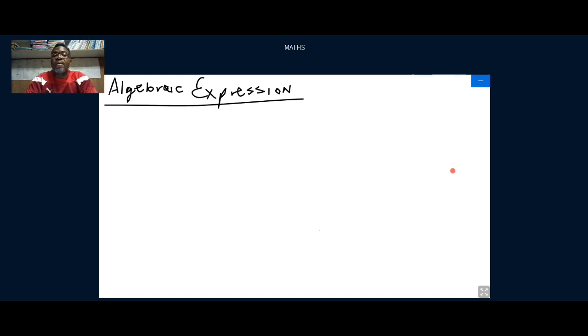So this is a mathematical way that we use to express our language in a mathematical format. We take a natural language that human beings speak, and we express it in a mathematical format.